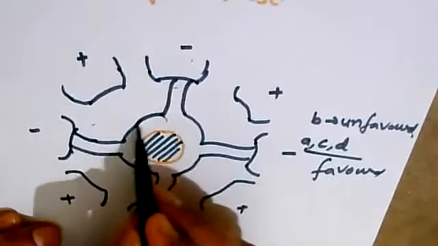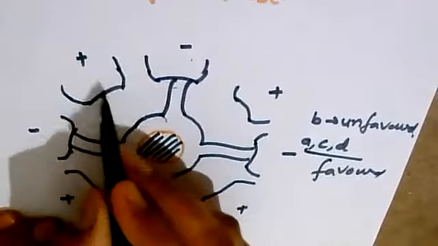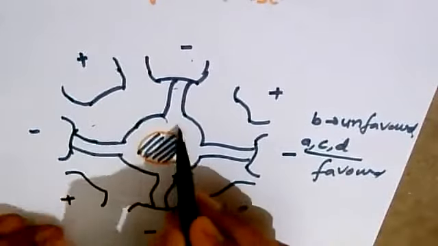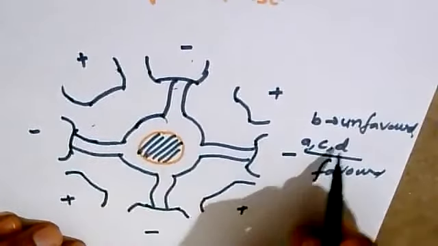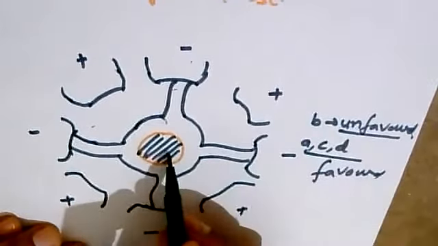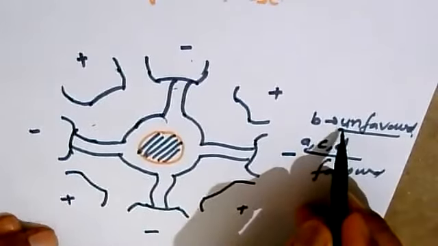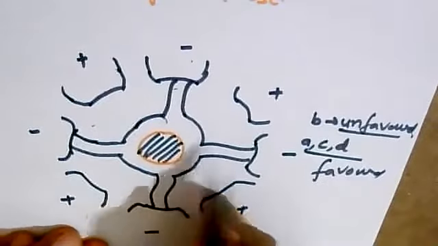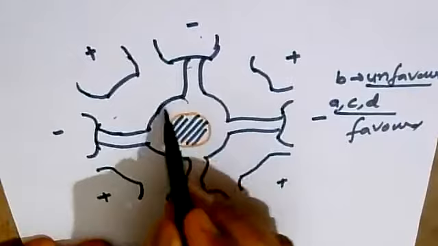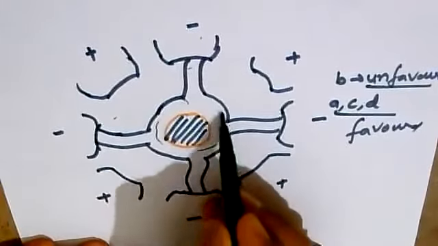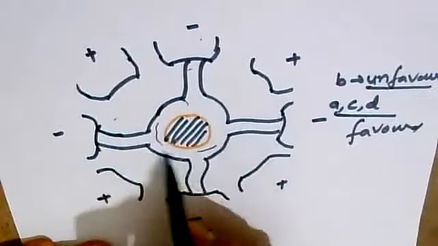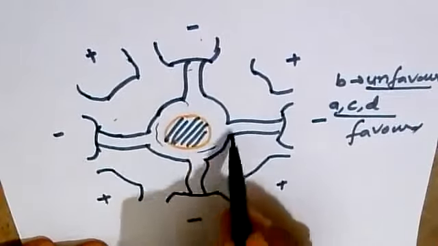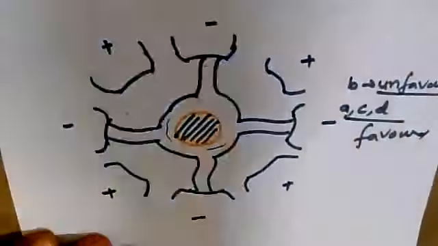Whatever electrons are not moving towards the anode, and thereby keep on rotating along the cathode, are considered unfavored electrons, and are nowhere responsible for generating the oscillations. So they form this cloud structure around the cathode. Those are said to be B category electrons, which move around the cathode.